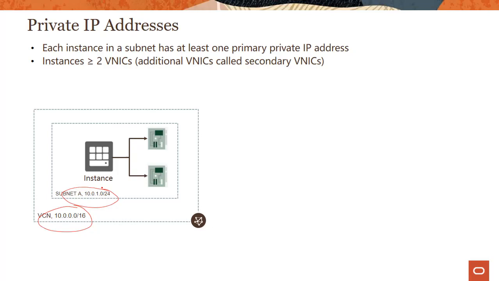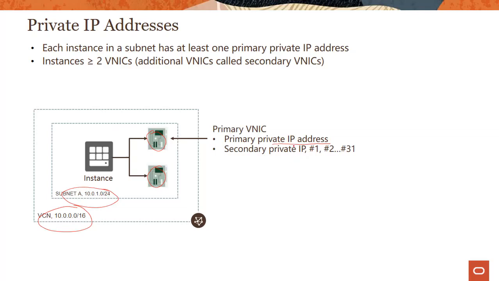Right here, this instance has two network interface cards. This is the primary, and this is the secondary. The primary VNIC, as shown here, has a primary private IP address. Remember, it's mandatory. So if you put in place instances, they absolutely need to have a private IP address.